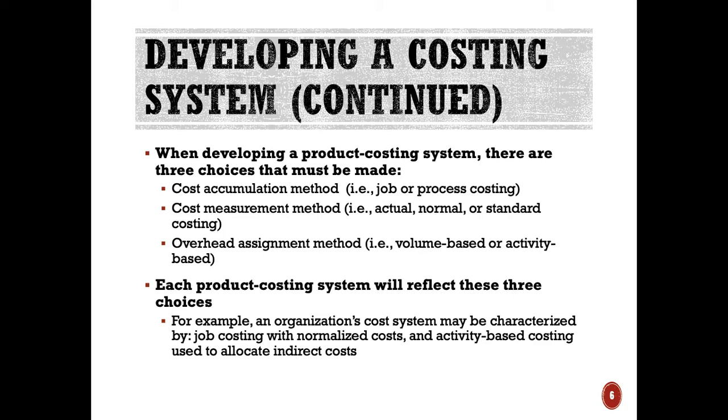Now, for the company, when developing a product costing system, there are three choices that must be made. First of all, cost accumulation method, for example, job or process costing.